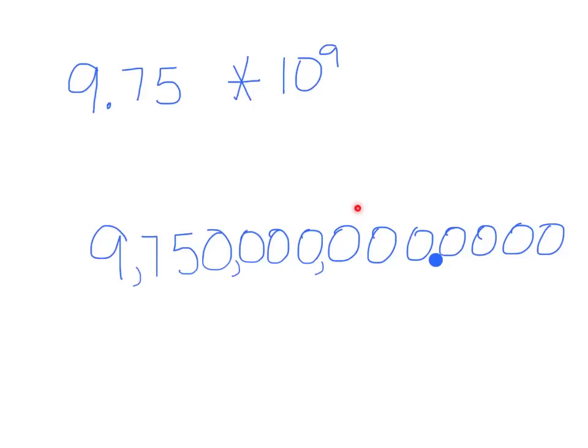Okay? I'm going to give you one to try. Okay, now let's try one more together. Let's do 8.3 times 10 to the 7th power. Hit pause and go ahead and try that one.